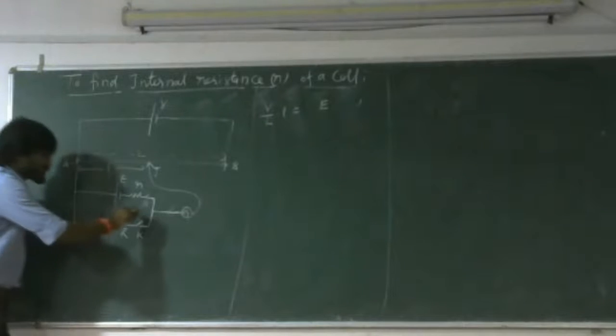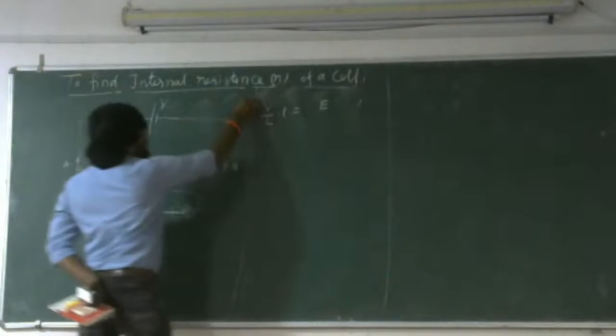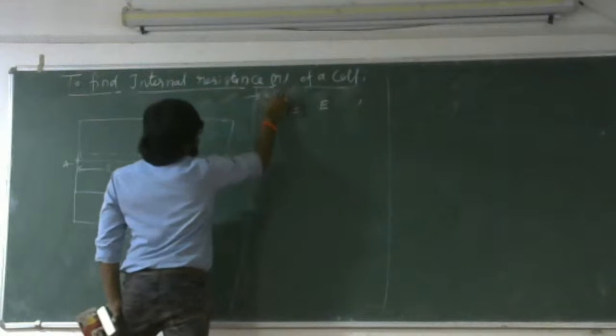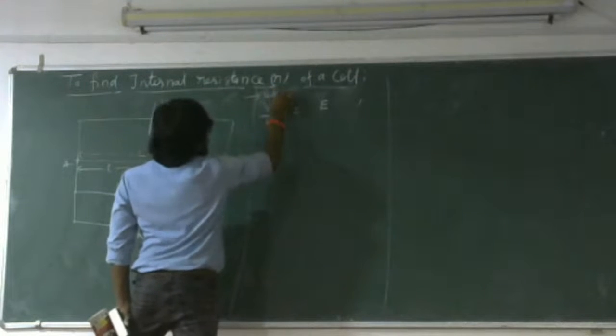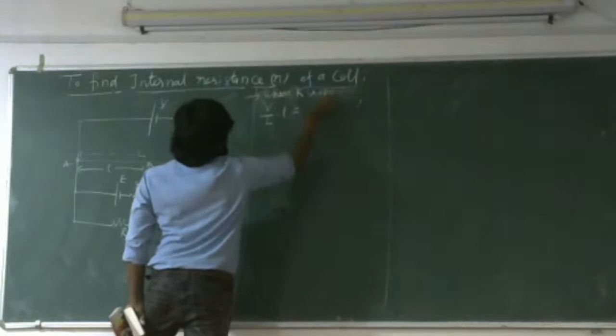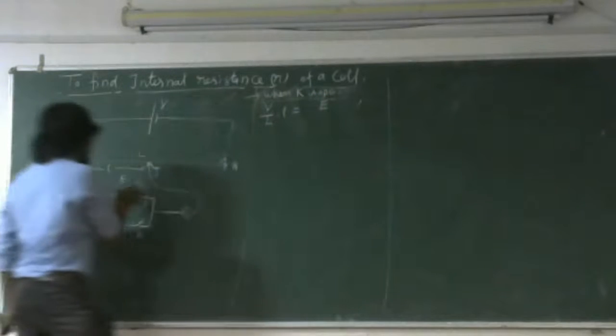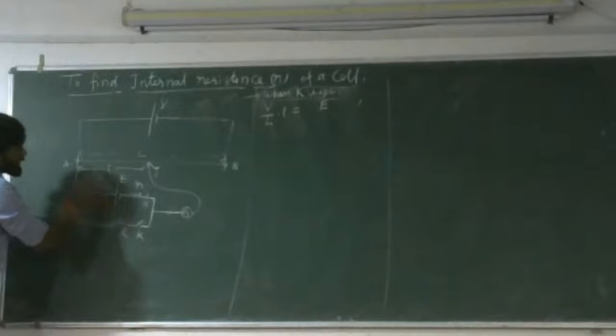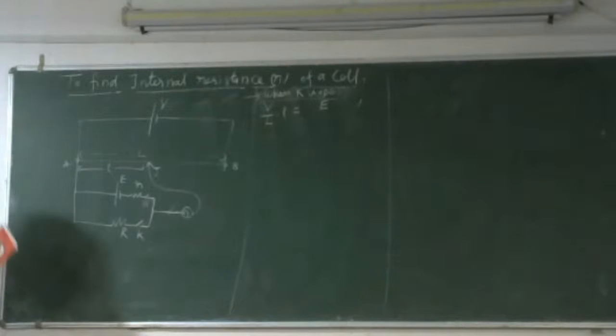When K is open, V by L into small l is equal to capital E. No current flows, so the entire potential drop across this is E only.